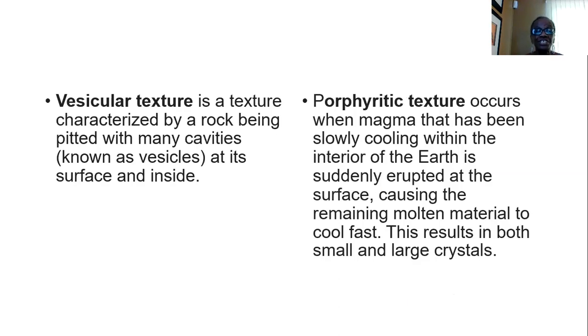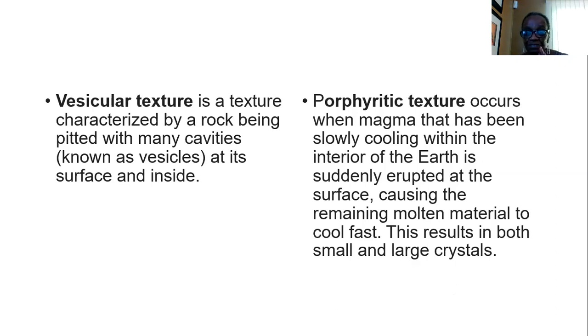And then we have vesicular texture, and that's one that's classified by the rocks having tiny vesicles or cavities at its surface and on the inside. And another type is porphyritic texture. Now, when you read what I put up here, it says when the magma has been slowly cooling within the interior of the earth.